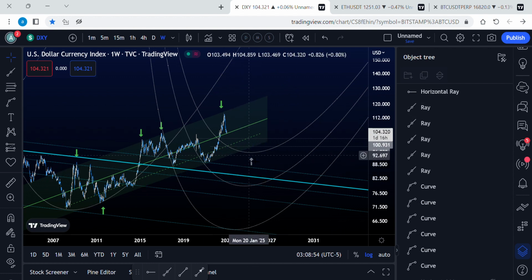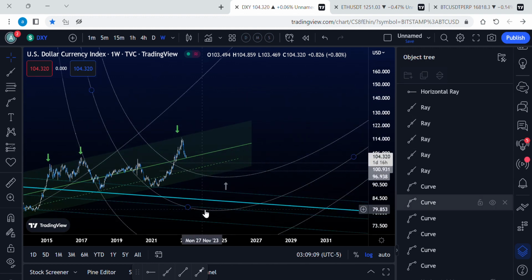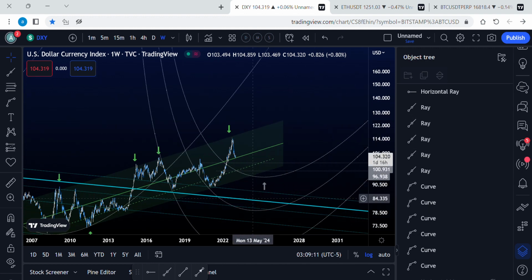pulling him like crazy. So he's fighting this line, the magnetic pull of this line, which is really low. I mean, the prices I'm describing, people will laugh, but it doesn't necessarily mean it will touch it. It's just pulling it.